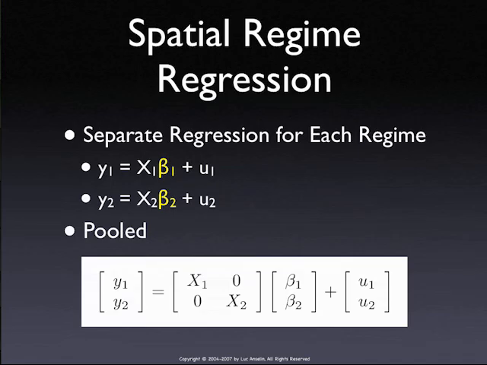Did you have a question? It seems like one possible problem, on the previous slide with the two equations, is what if you expect the error terms to be related across these two regimes, that you left out the same set of variables? Yes, that's exactly what we do with the spatial test for structural stability. It's the same approach as with the spatial analysis of variance.